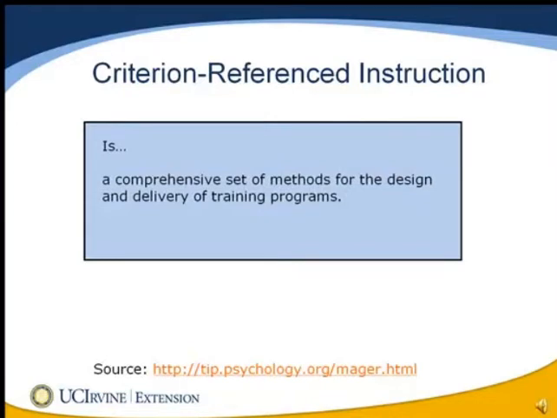Critical aspects of CRI include goal and task analysis to identify what needs to be learned, performance objectives, which are exact specifications of the outcomes to be accomplished and how they are to be evaluated, criterion referenced testing, evaluation of learning in terms of the knowledge and skills specified in the objectives, and development of the learning modules tied to the specific objectives. We will spend time focusing on many of these aspects in weeks 2 and 3.